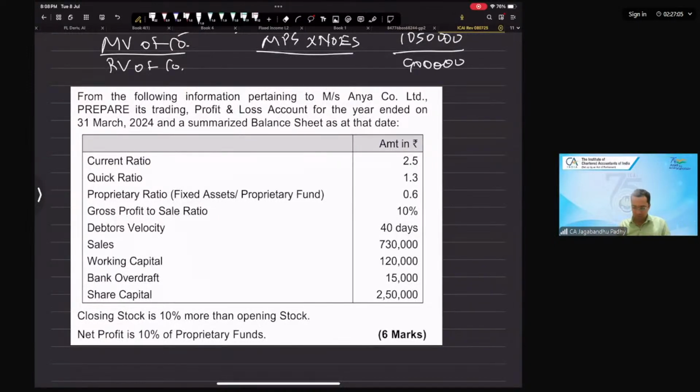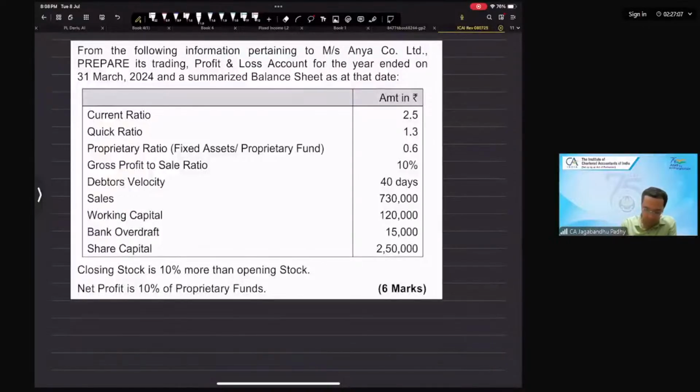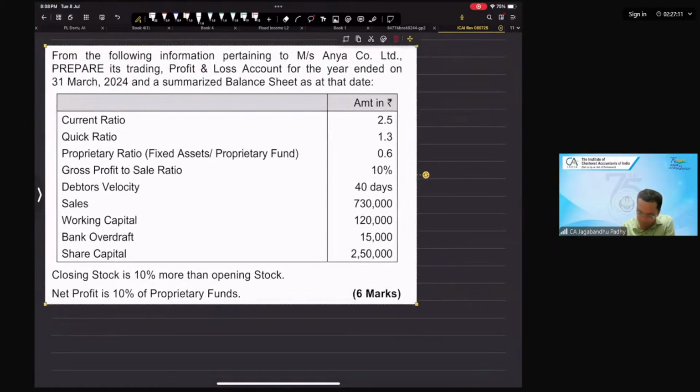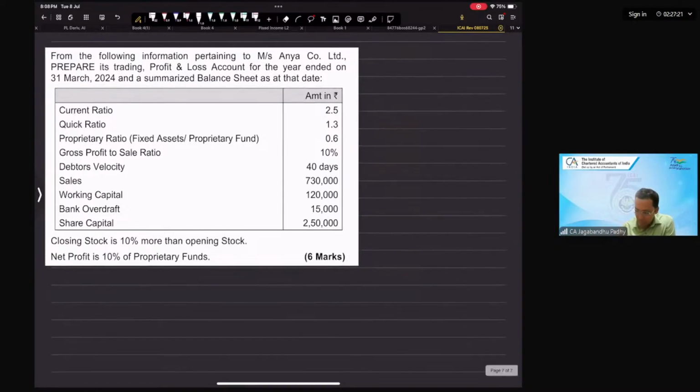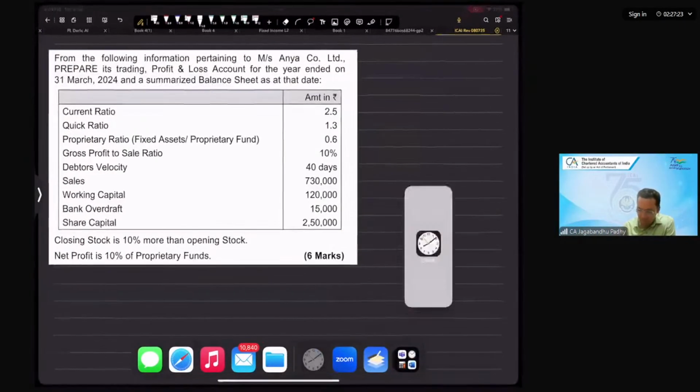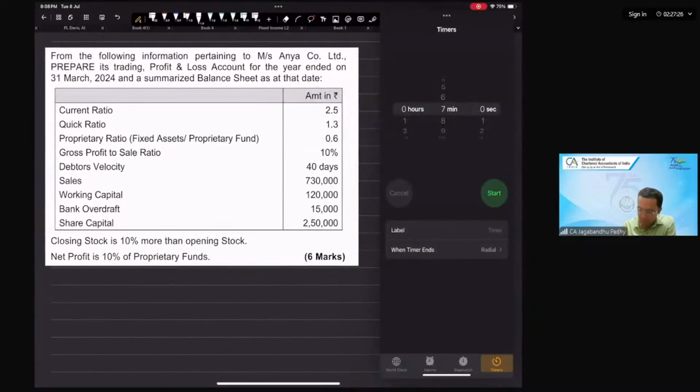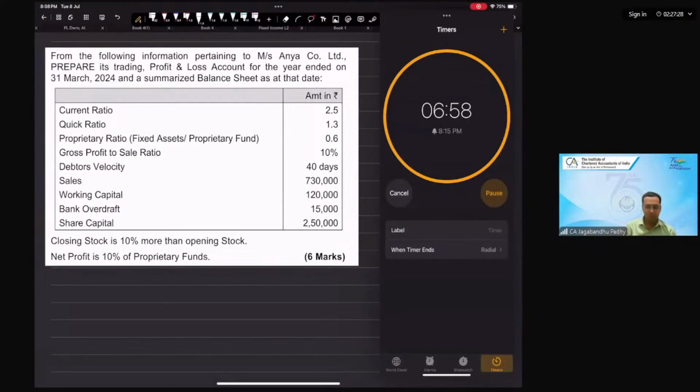Here we remember we have to get the summarized P&L as well as the balance sheet. Taking that into account, I would like to give you around 7 minutes for this. Try to solve it in a rough way, guys, quickly.